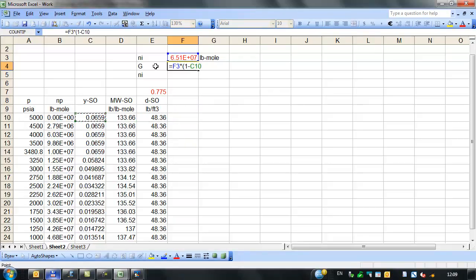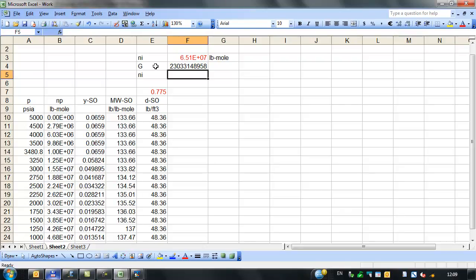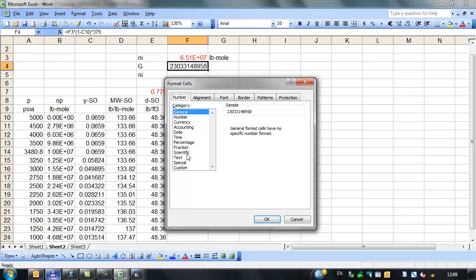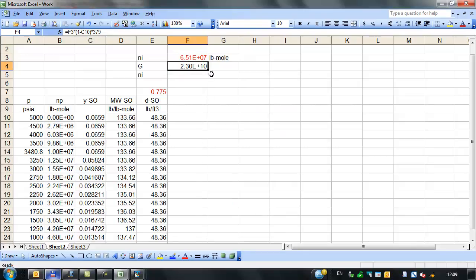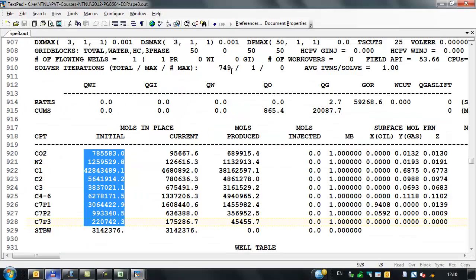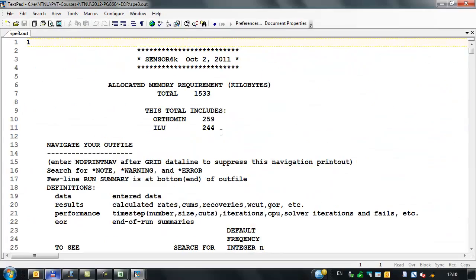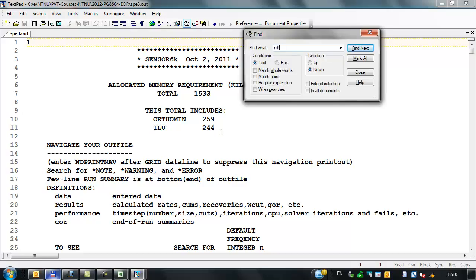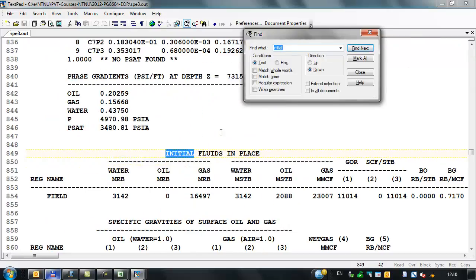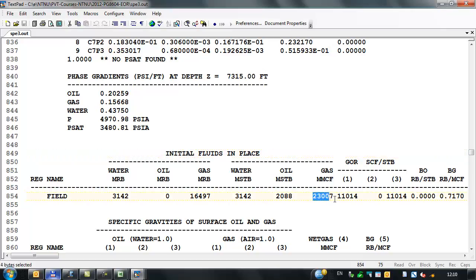That's how much turns into surface oil, times 379, right? 23 BCF of gas. Okay.